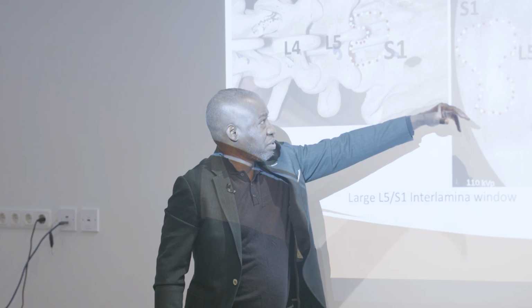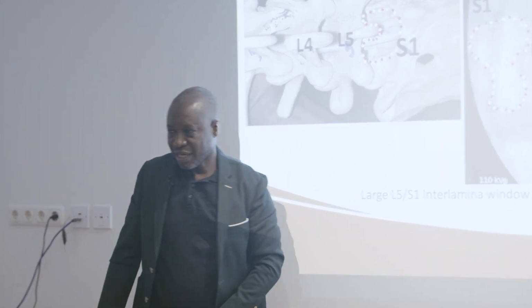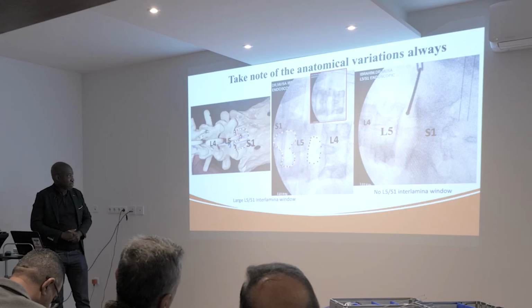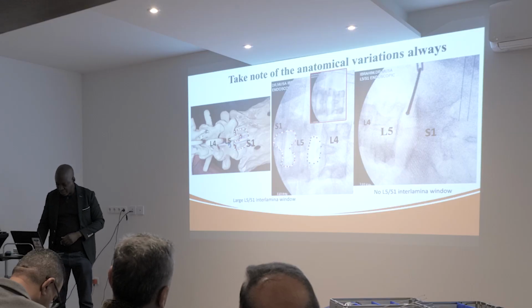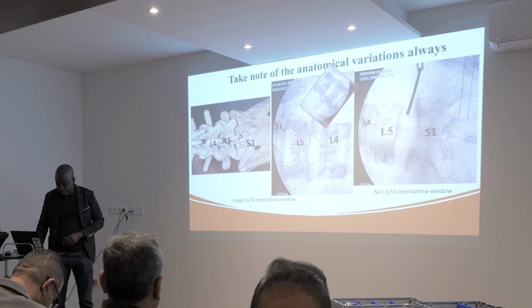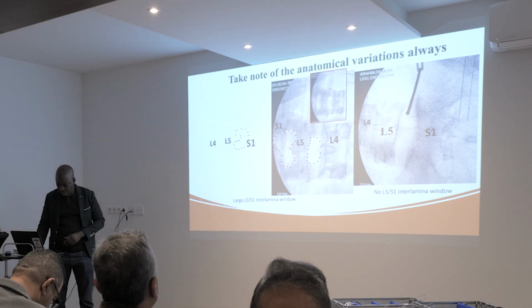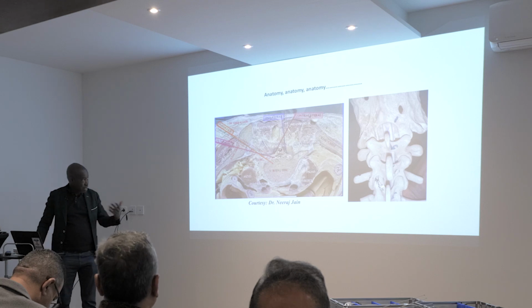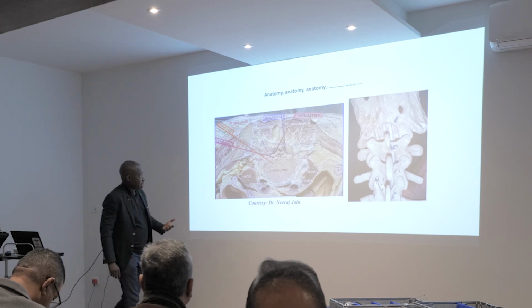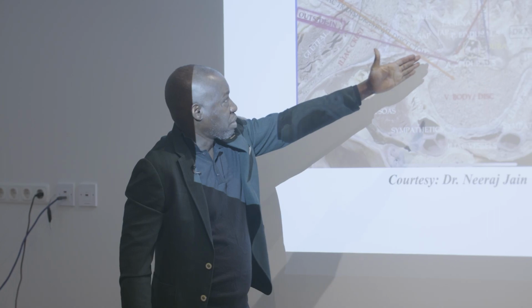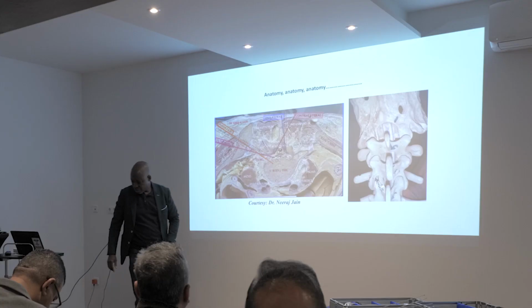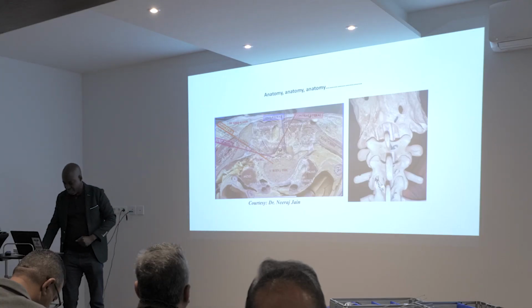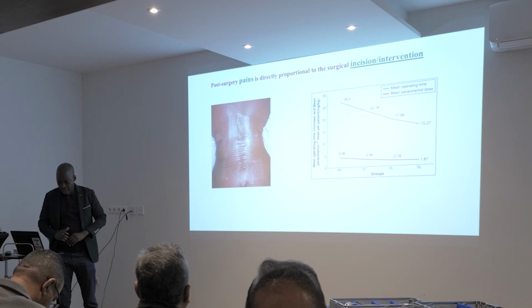Has an interlaminar window, but even the left and right interlaminar windows are different. So you have to know your anatomy and all the variations. Anatomy again, anatomy, and now our talk is interlaminar, how to go from the roof.